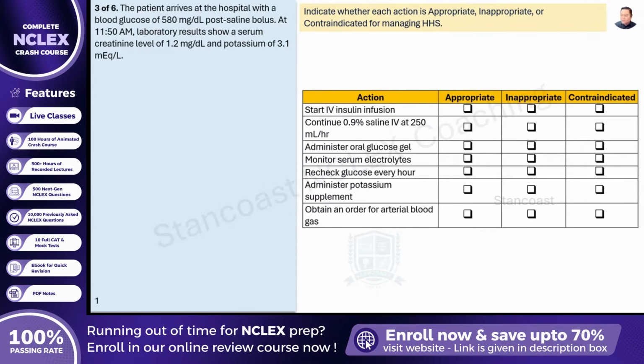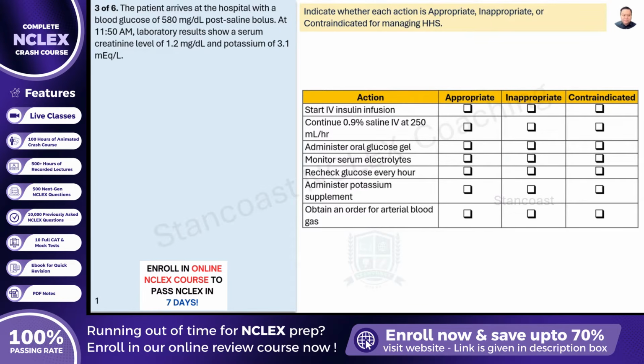We have the nursing actions: start IV insulin infusion, continue 0.9% saline IV at 250 mL per hour, administer oral glucose gel, monitor serum electrolytes, recheck glucose every hour, administer potassium supplement, lastly, obtain an order for arterial blood gas. Here, I want you to carefully consider each action. Make sure that you are matching each action to the correct category.